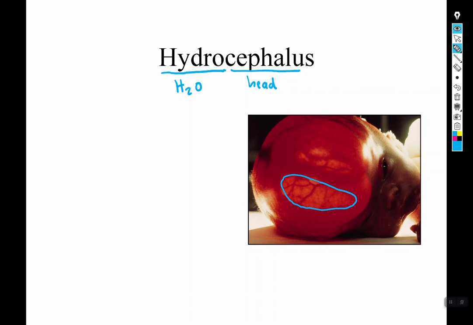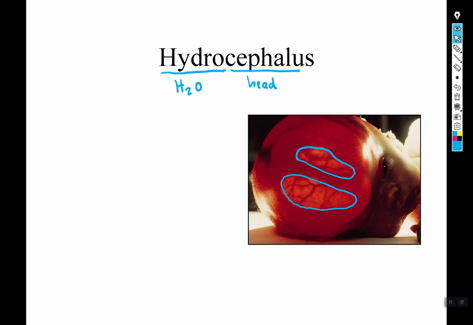Transilluminated is just like candling an egg, you just shine a light through it. So you can see the very expanded lateral ventricles here, along with the cerebral vasculature, because the buildup of fluid pushes on the cranial bones and makes them thin and fragile and expands the cranial size and volume unless it's treated.